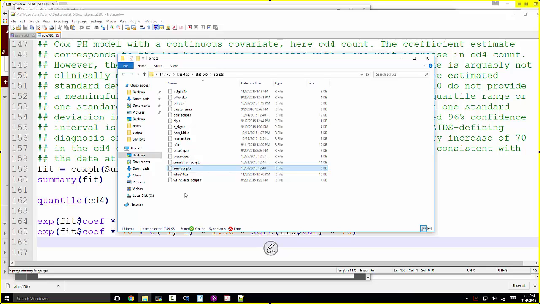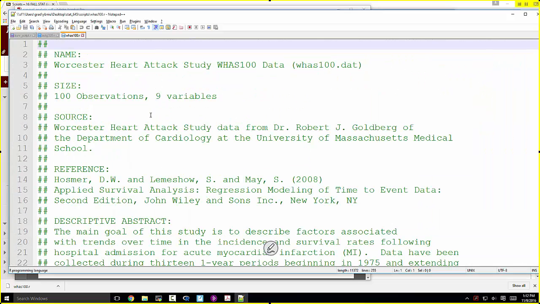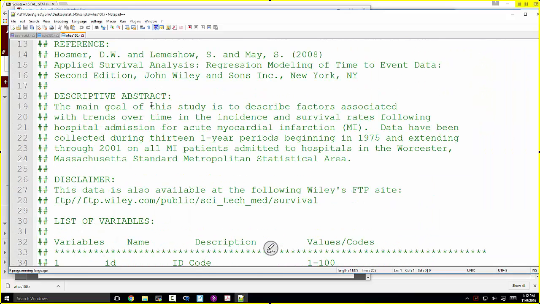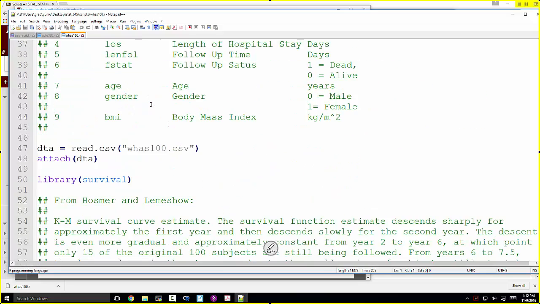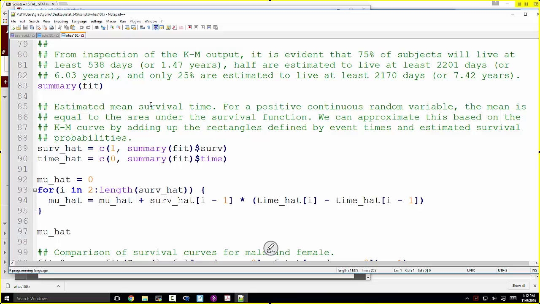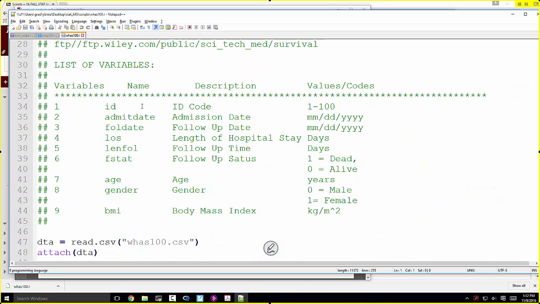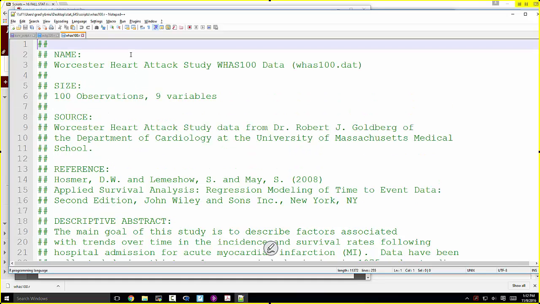Okay, let's also look at the WHAS 100 data. I don't think we've seen these yet. I have some more survival curve stuff in here. So these come from a heart attack study.